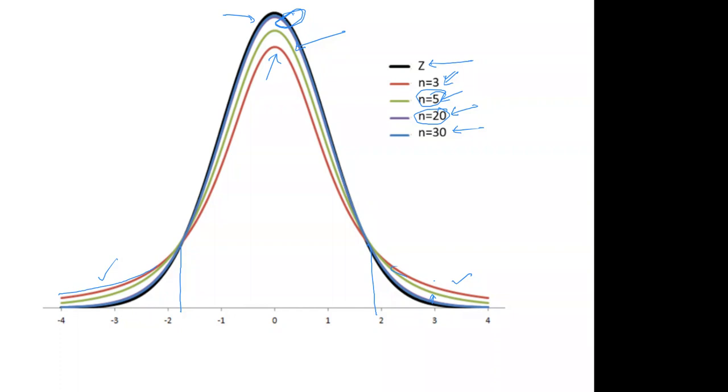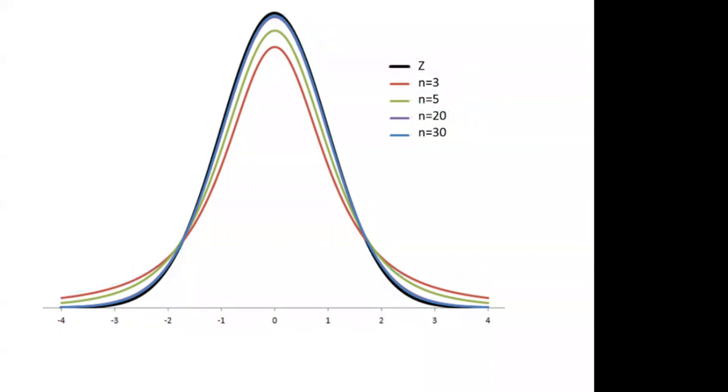How does it deviate? It has an extended right tail and left tail. That means there are more data points around here for sample sizes less than 30. More data points to the right, more data points or more probability in a sense. Data points in this case translates to probability, more probability to the left and to the right.